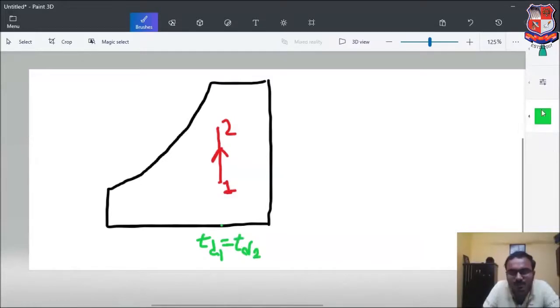That is, the dry bulb temperature is not getting changed. However, the values of W1 and W2 are changed. That is, W2 is higher than W1 as it is a humidification process.